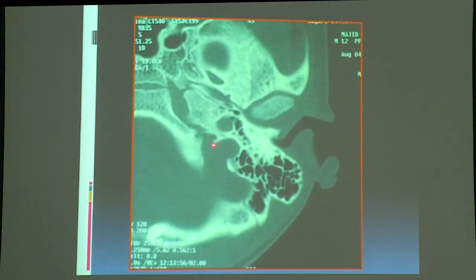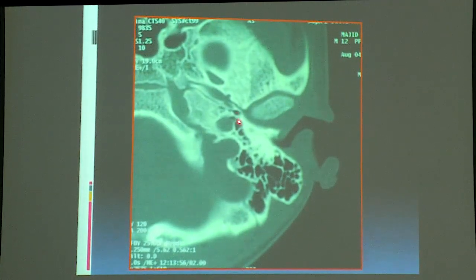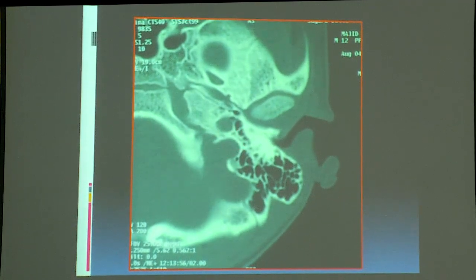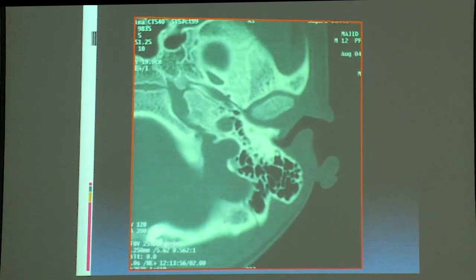This sharp spicule of bone is the jugular spine, okay, and the bone between the vertical carotid and the jugular foramen is known as the crotch, okay. So in jugular paraganglioma, the first bone to go is the spine, and then we see erosion of the crotch on the CT scan. That is diagnostic of jugular paraganglioma, or glomus jugulare.